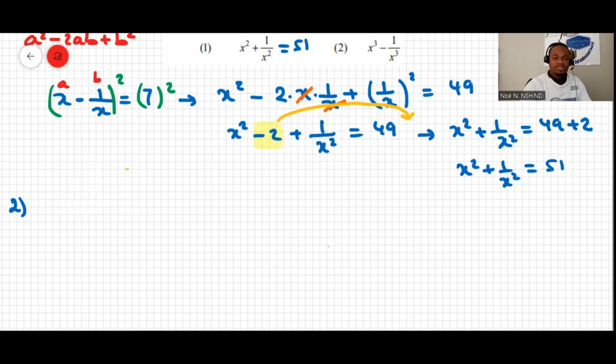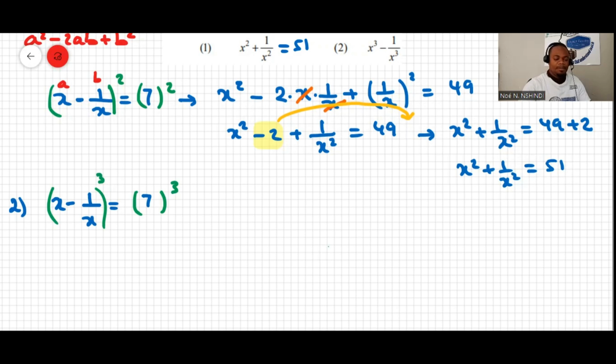What is given is that x minus 1 over x equals 7. So we can raise both sides to the power of 3. I meant to write 3 there.